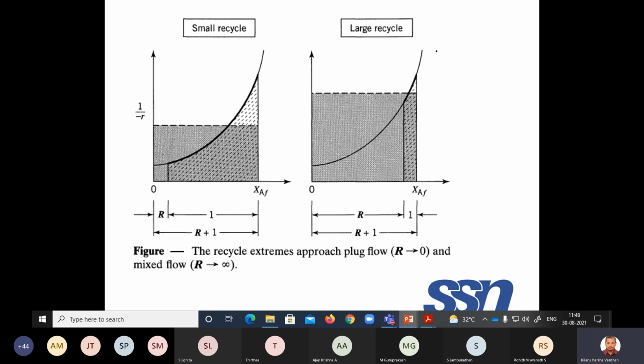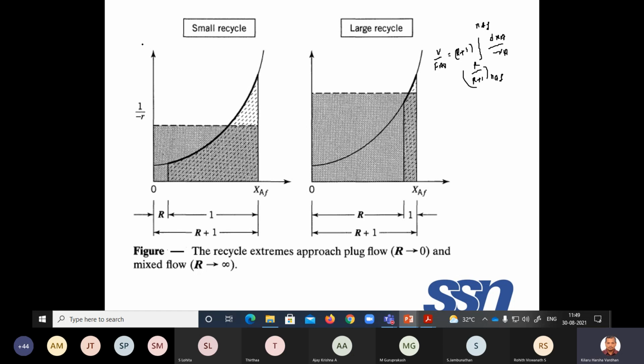V by FA naught is R plus 1 integral R by R plus 1 XAF to XAF dXA by minus RA. This is the performance equation of the recycle reactor. You can club this, you can expand these two, right? So let us do that.